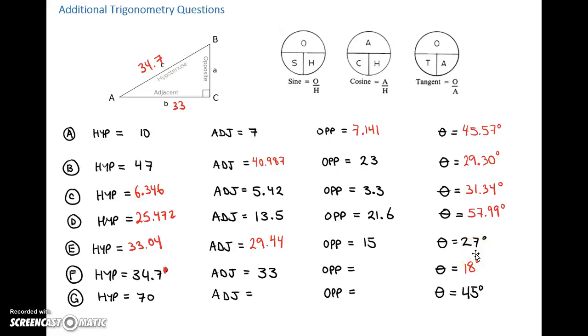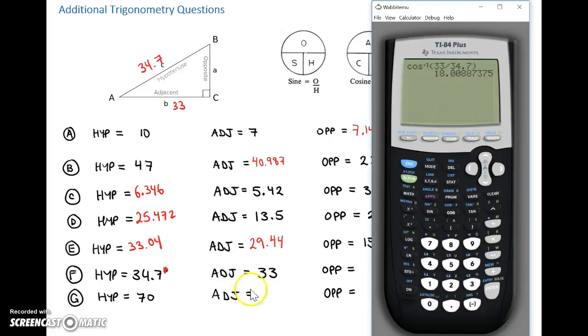Okay, so now we've got the angle there. And let's see, we're looking for the opposite. Well, we've got 2 sides of the triangle. Why are we using anything else? Let's use Pythagoras. So we'll do the hypotenuse. We'll do the square root of 34.7 squared, and then we're going to take away the 33 squared, the smaller area.